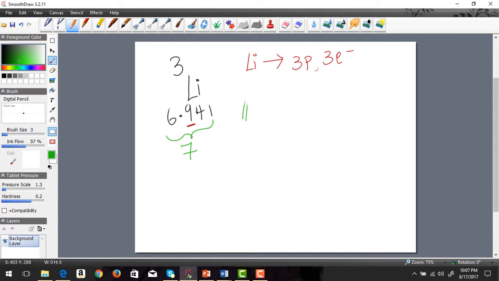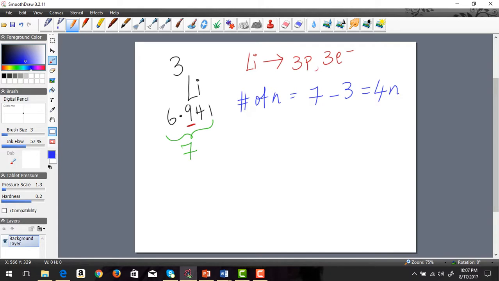So for the number of neutrons, let me erase this because I want it in my blue. So let me get blue, and my number of neutrons would be 7 minus 3, which is 4, so it's 4 neutrons.